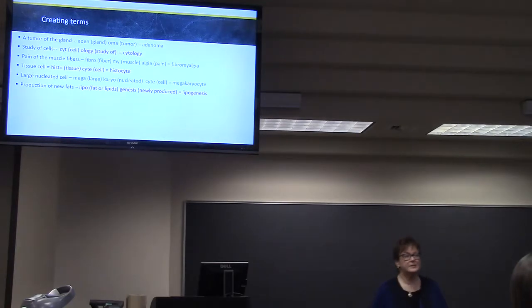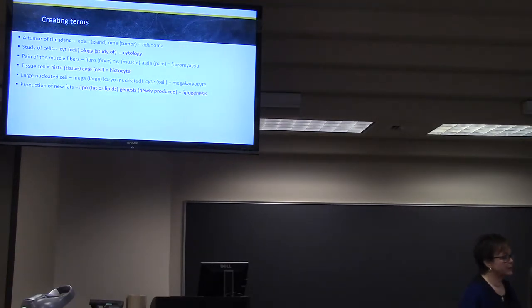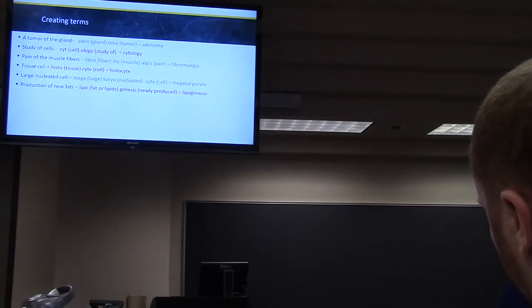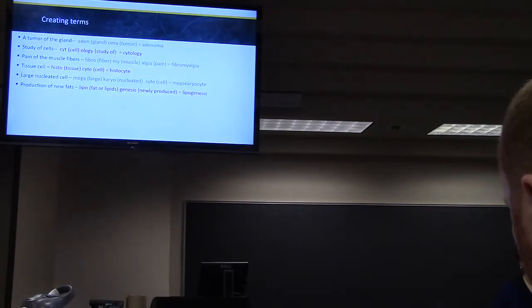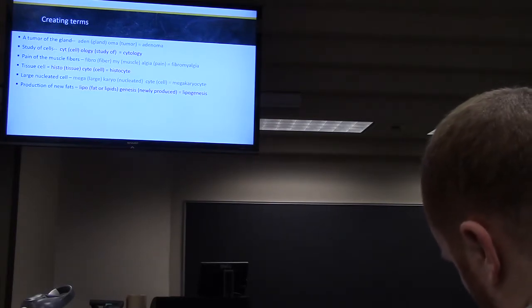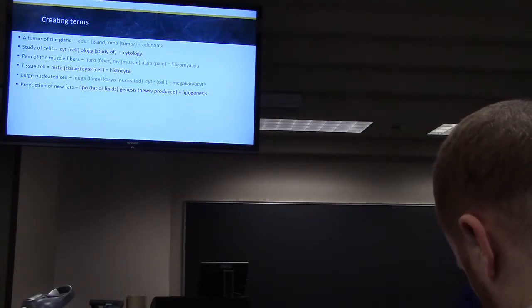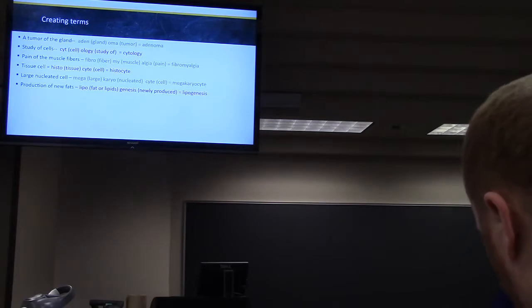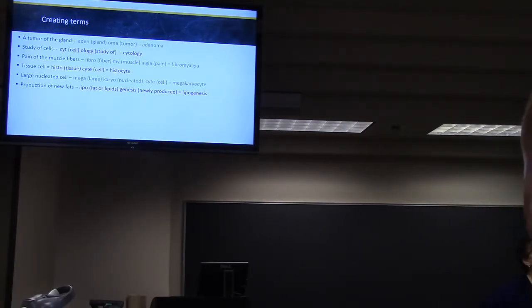Production of new fats. Okay, so lipo being your combining form, genesis meaning something that's newly produced. So you do this every day, lipogenesis, from the foods that you eat. I have a question on the new, because neo means new, so would you add it? No, because it's inferred in the genesis part.